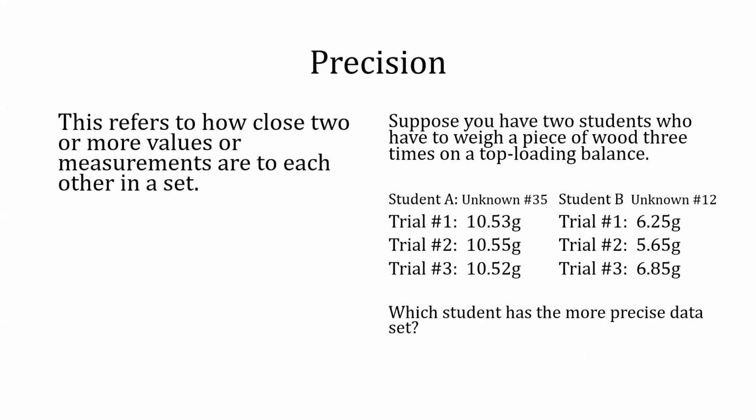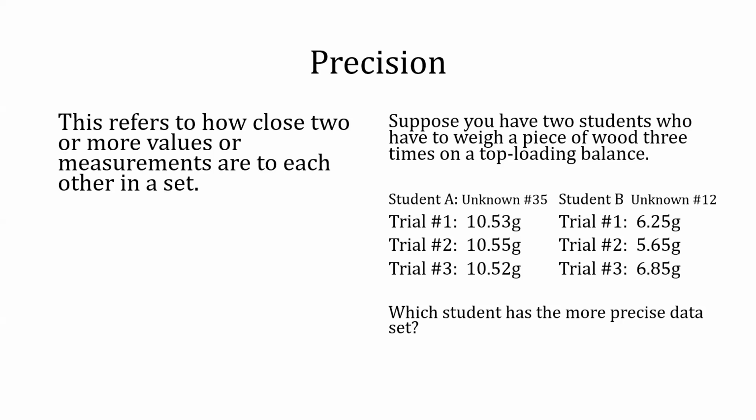Precision refers to how close two or more values or measurements are to each other in a set. Suppose you have two students who have to weigh a piece of wood 3 times on a top-loading balance.